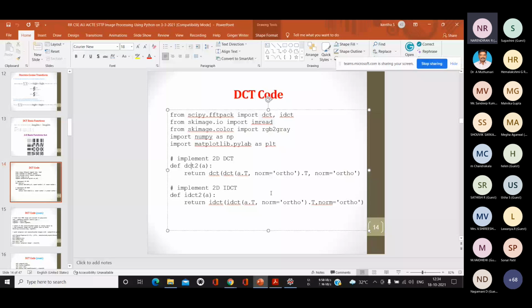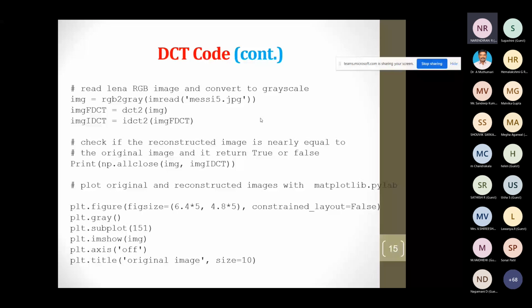Once I read the same messy image, I have to convert that into the gray. Earlier we used the imread with the zero, right? There were two parameters in that function. imread image file name, comma 0 we have given. But instead of that, I want to use another function called rgb2gray.